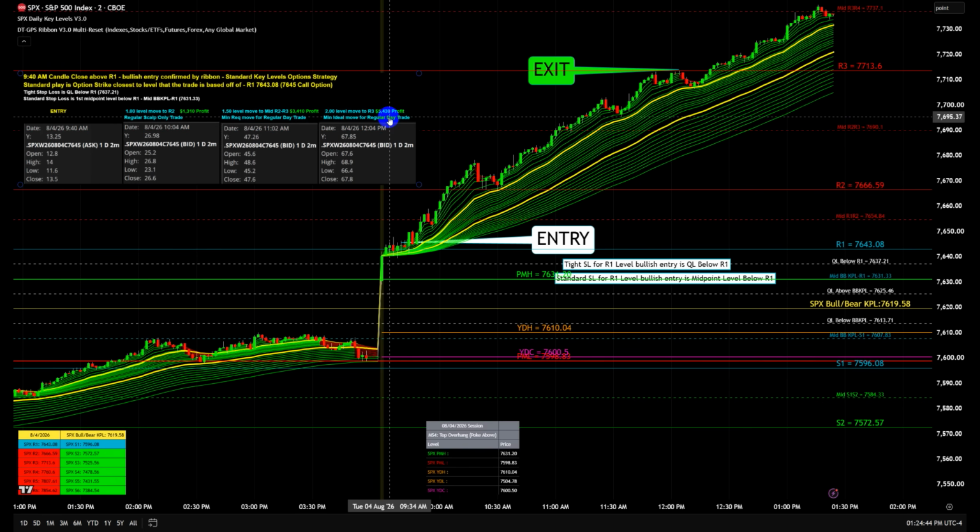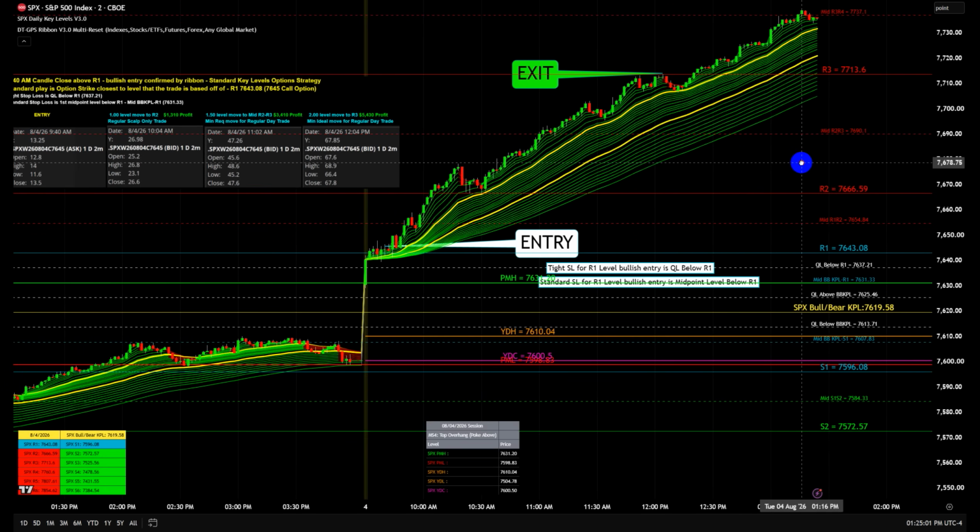So that's a profit of $5,430 per contract on this standard daily key levels option strategy. Standard play 76.45 call option being the closest to the level that we're basing the trade off of. As you can see here, we did get an extended move, and now we're currently at mid R3, R4.